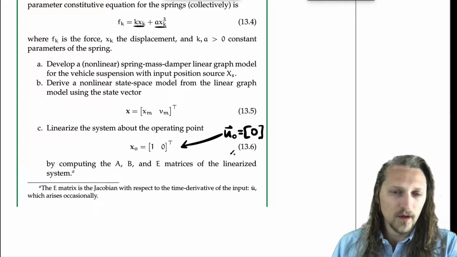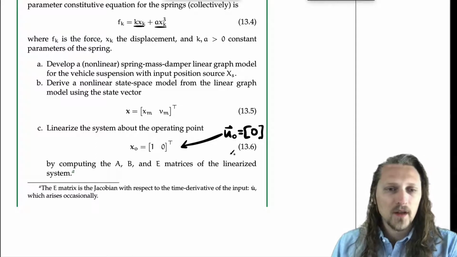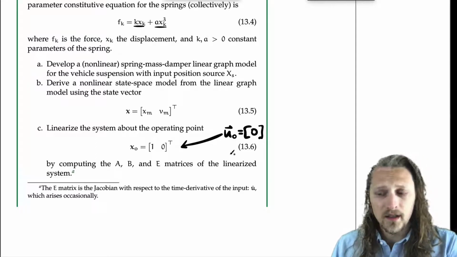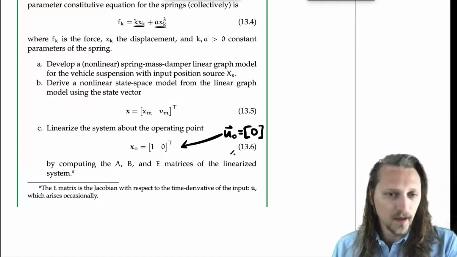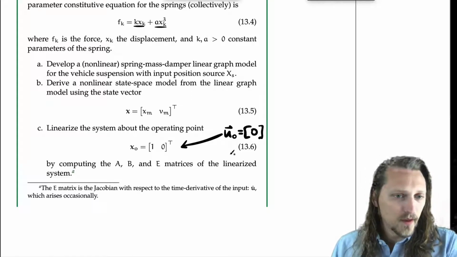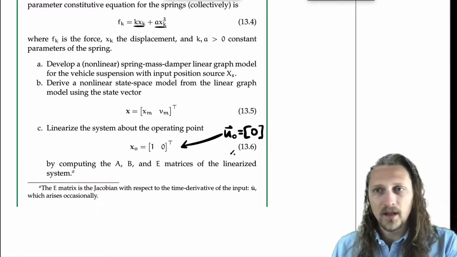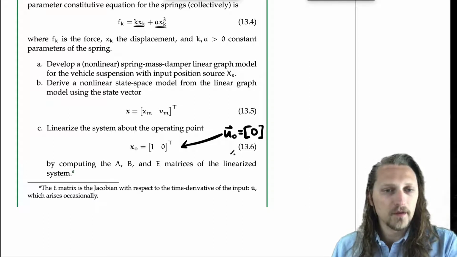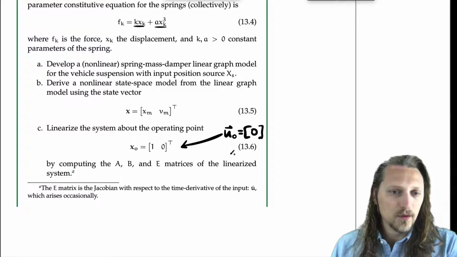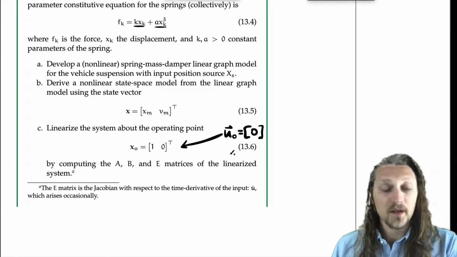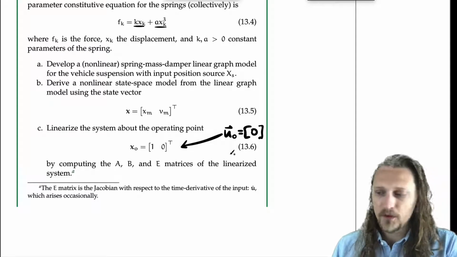So this is not an equilibrium point, but we are expecting to be operating about this point. Although we prefer to linearize about an equilibrium, this is what we're going to choose as our operating point because this is the condition that we have most commonly.